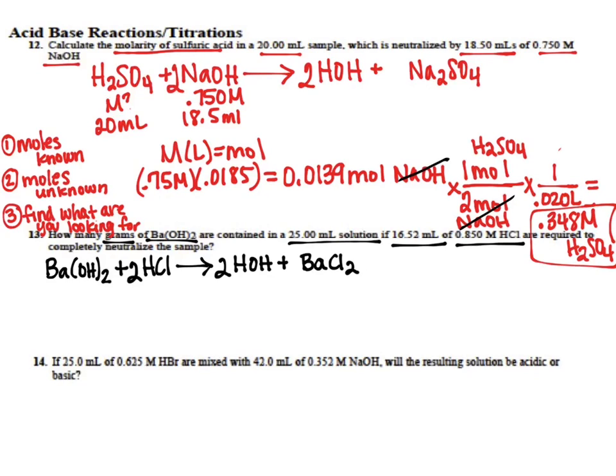How many grams? So g, that's what I'm looking for. 25 mL solution, I know I have 25 mL of it. It takes 16.52 mL of a 0.850 molar solution.